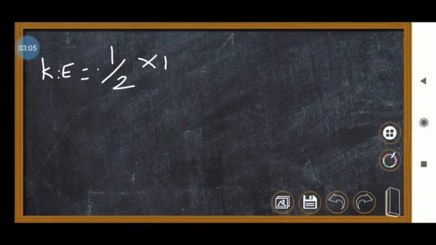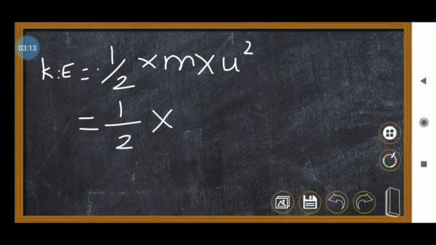Okay, so first we take from 5 meter per second to 2 meter per second, no? Energy we cannot say in terms of negative. So first find the kinetic energy in the first case, that means for 5 meter per second, half into m into u square.